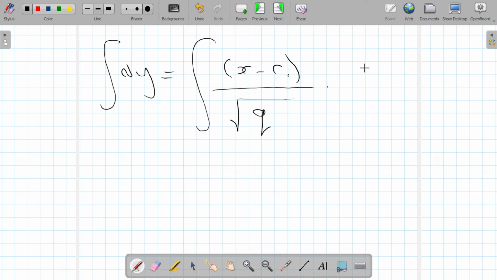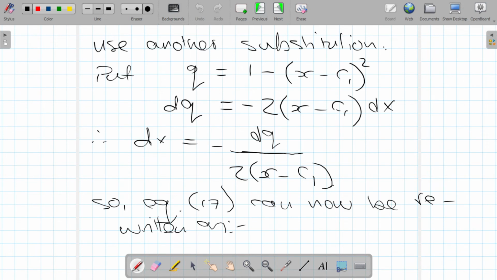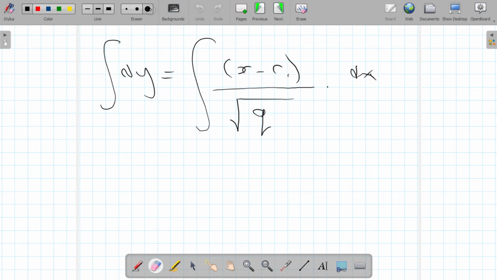And then we've got dx here, but the dx is equal to minus dq over 2 times x minus c1. So if we just erase that dx term, then we've got a minus sign here, haven't we?